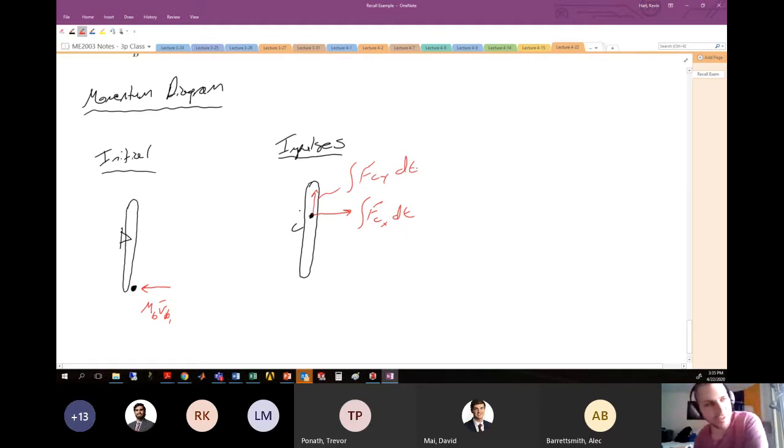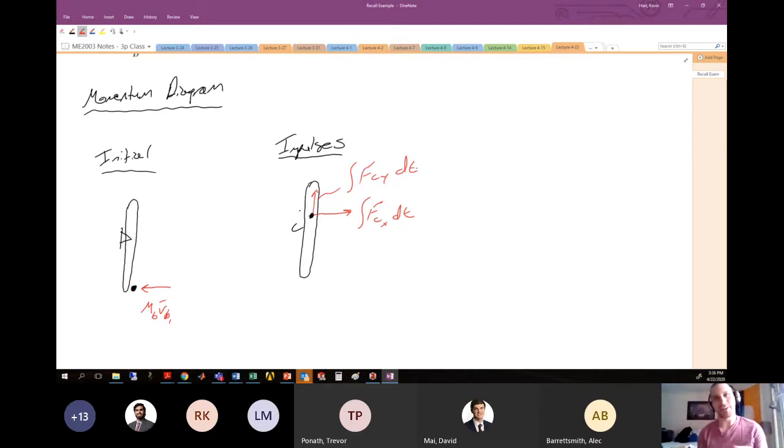Some of you may be tempted to write that there are forces that interact between the bullet and the plate. That is true. There will be force between the bullet and the plate. However, because the bullet sticks to the plate, we can assume that it all moves together in situation number 2. So whatever force interactions we have between the bullet and the plate, we're going to consider as internal forces between the two.